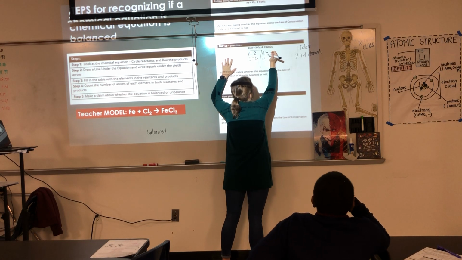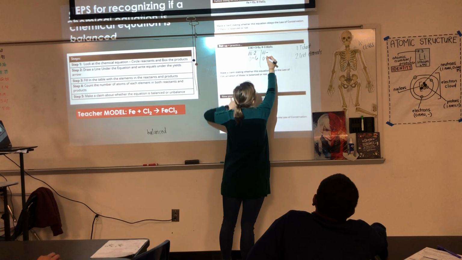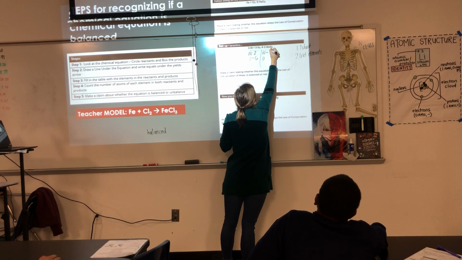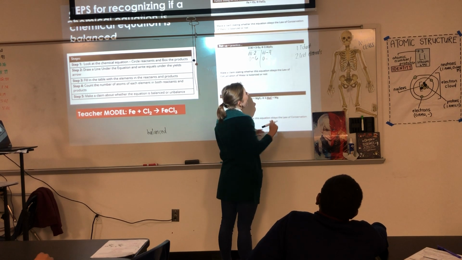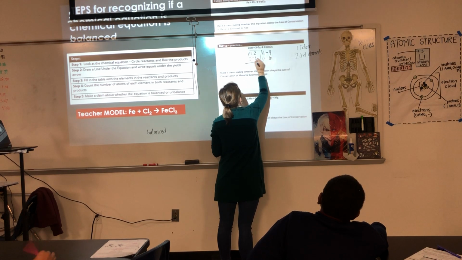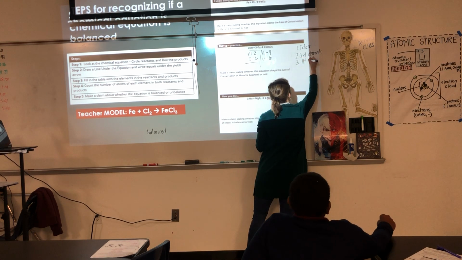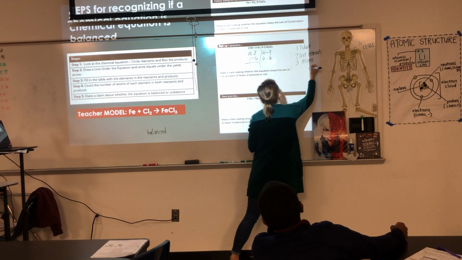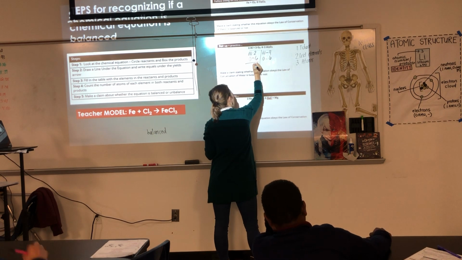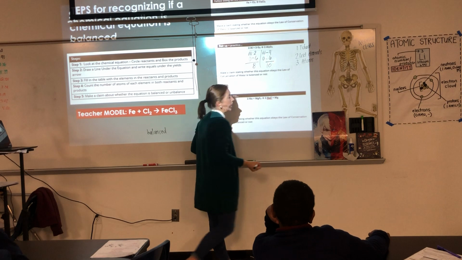On this side, I have a coefficient of 2 and a subscript of 2 for Al. So I have 4, and I have how many atoms of oxygen? 6. So that's step 3, is I find the atoms, and I need now to add them all up. So I have a total of 8 atoms on this side, and I have a total of 10 atoms on this side.